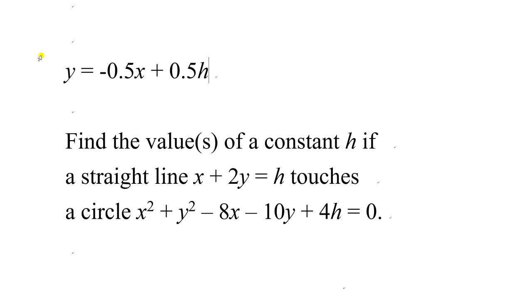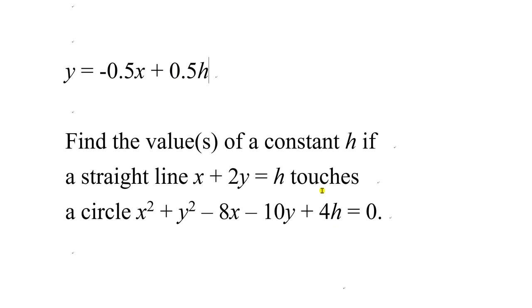That means this is a straight line with the negative slope 0.5, and the y-intercept is moving; it just depends on the value of h. If the value of h increases, then the straight line will shift upward. If the value of h decreases, then the straight line will shift downward.